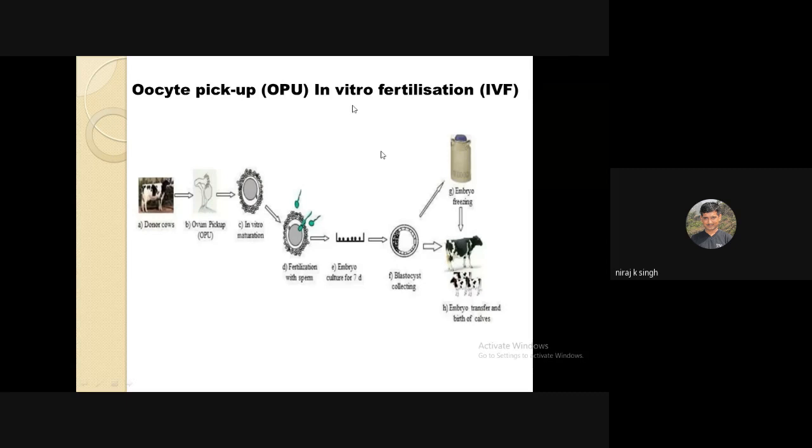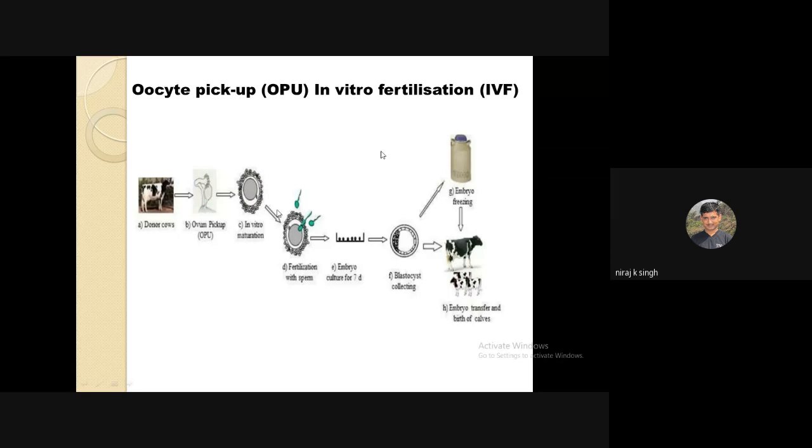Here in OPU IVF practice, not only the high genetic material of males, but also high quality genetic material from females can be propagated. In artificial insemination, only the genetic material of high producer males is propagated. But in OPU IVF, the genetic material of high yielder males as well as females can be propagated.